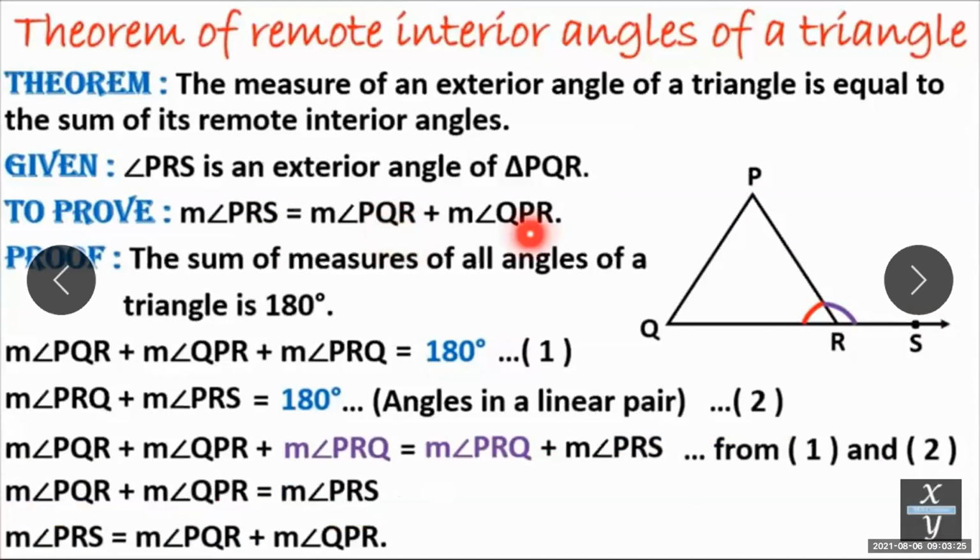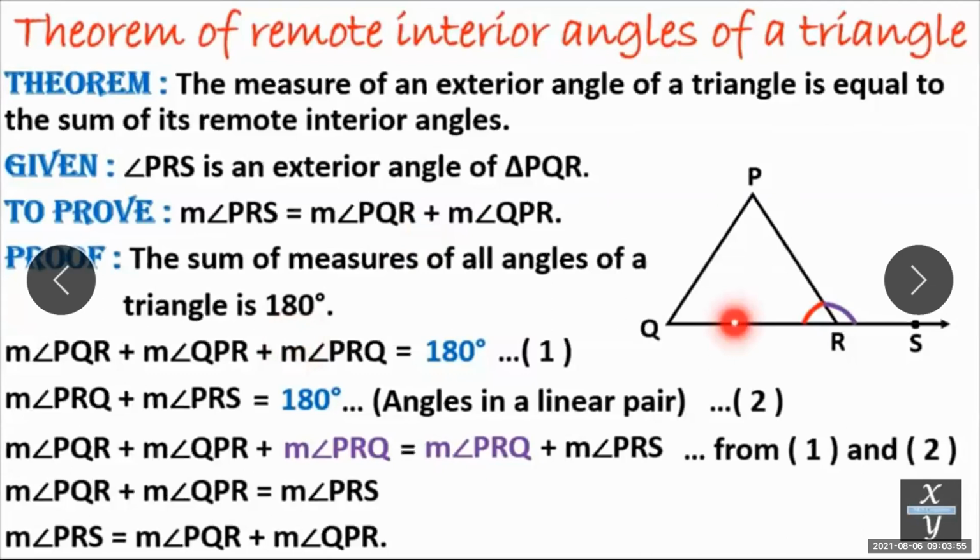Okay, so now see the steps for the proof. We know the property and we also proved it in second lesson that the sum of measure of all angles of a triangle is 180 degrees. The total of the three angles of a triangle is 180 degrees.